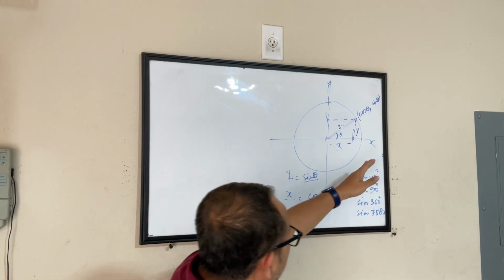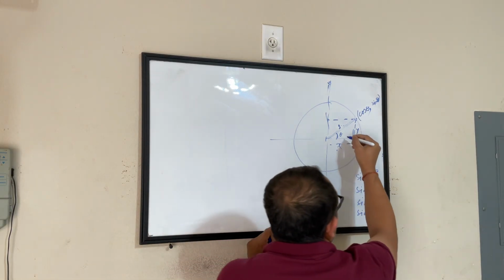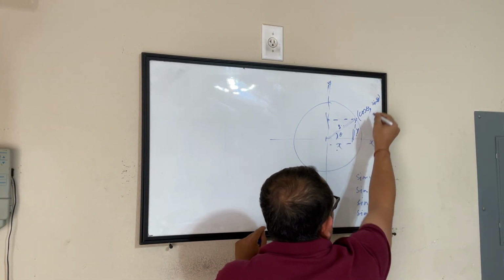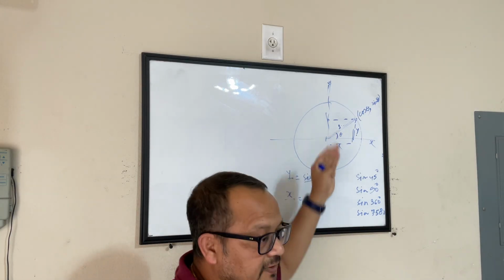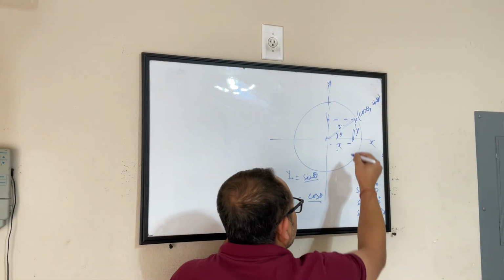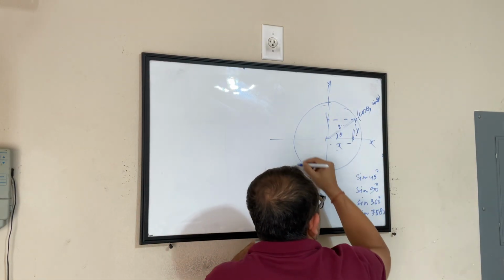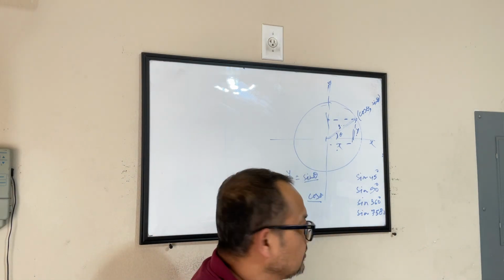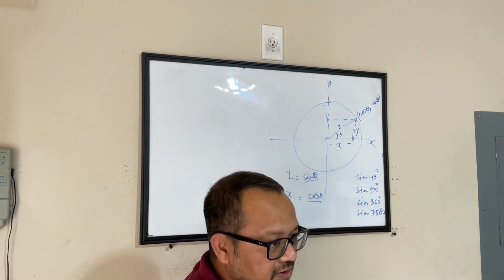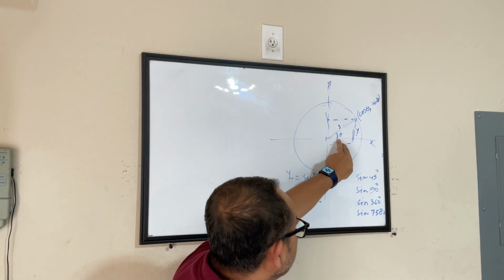So regardless of how much your theta value is, you can make this your generic formula, generic concept, and you can keep on traversing along the perimeter of the circle and find out the x and y value, and that will relate to the theta.